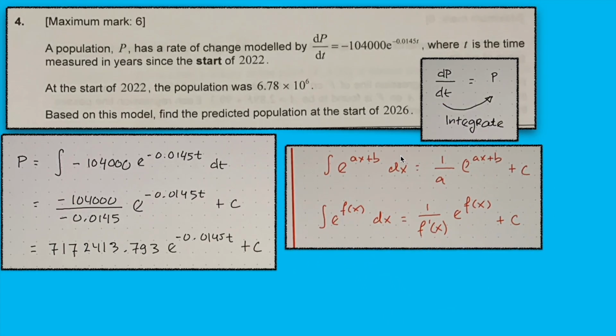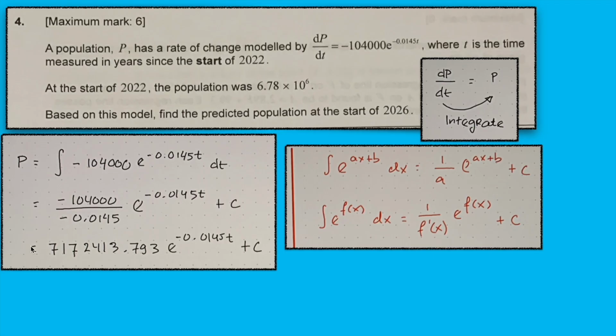Please remember this formula. This formula is given in the booklet, but this is not. And I think this formula is more useful. Okay, so use this formula to integrate this. Okay, then you should end up with this expression. And please don't forget to put plus c, because this is an indefinite integration.